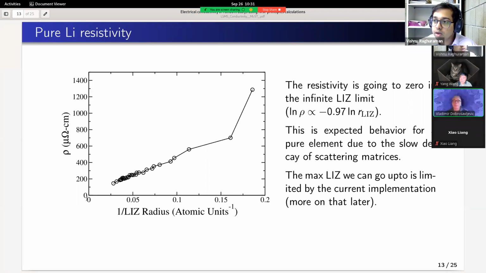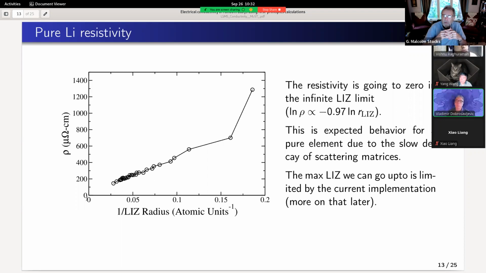Yeah, it would be interesting to see the spectral function as it changes with the LIZ. At some point you're going to regenerate the Fermi surface, right?